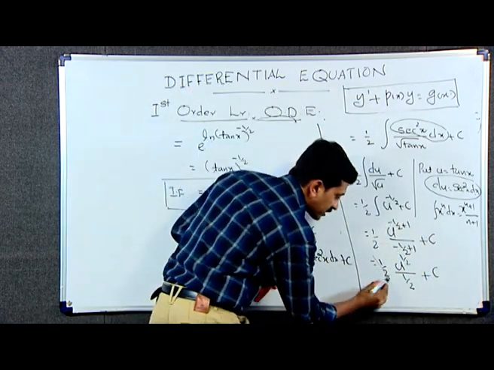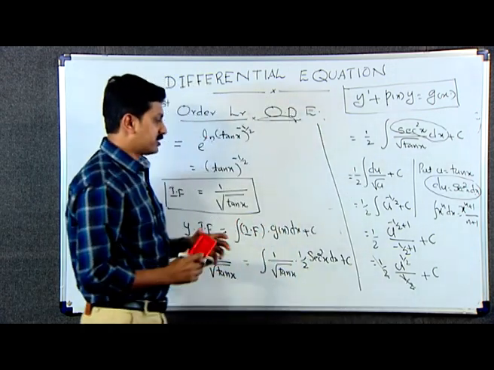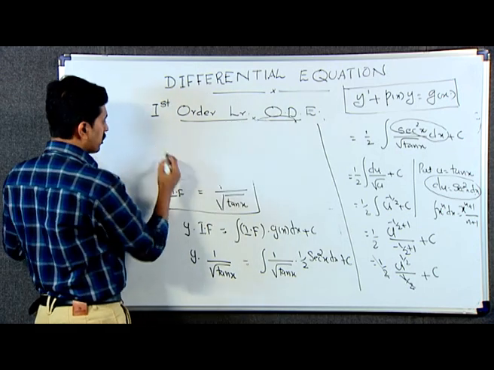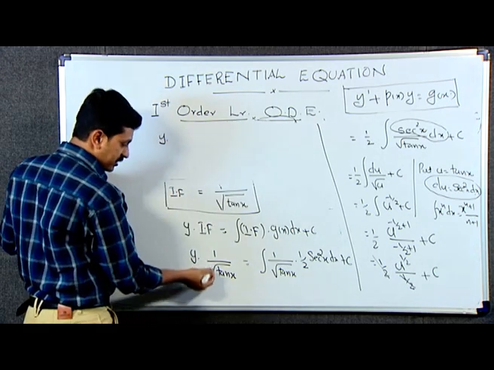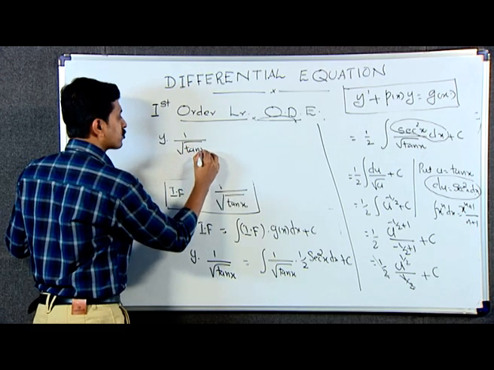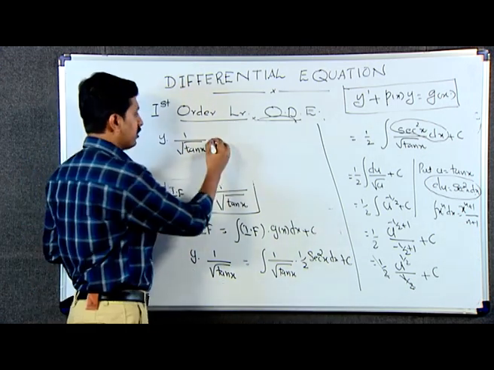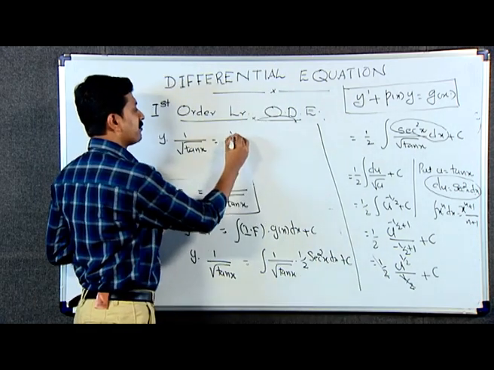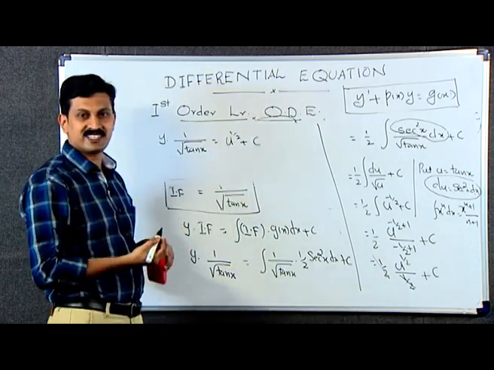Therefore, we can cancel 1 by 2 and 1 by 2. The remaining thing is y into 1 by square root of tan x, which we found is equal to u raised to 1 by 2 plus c.